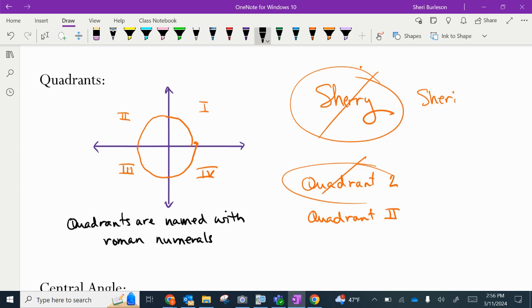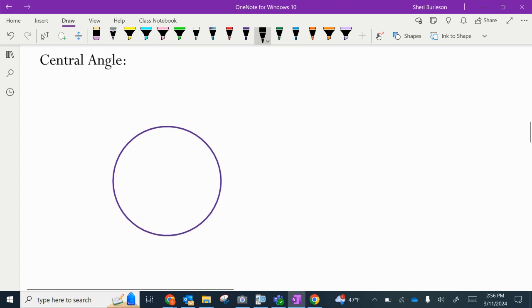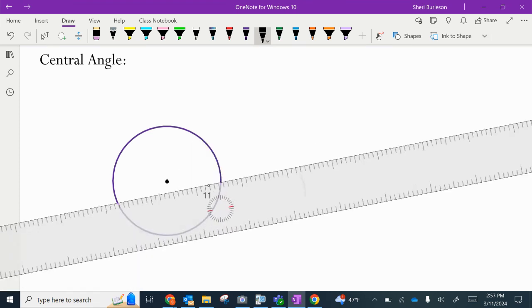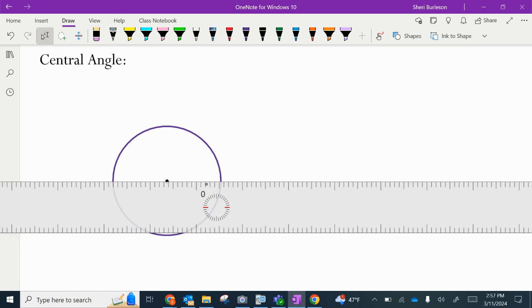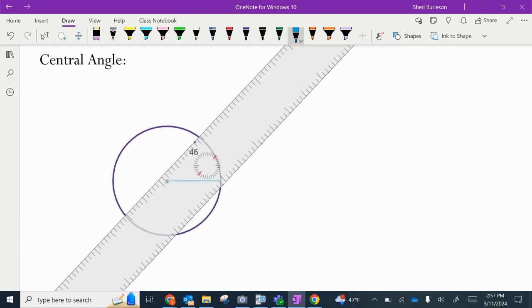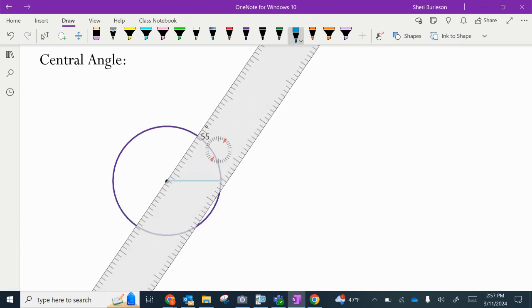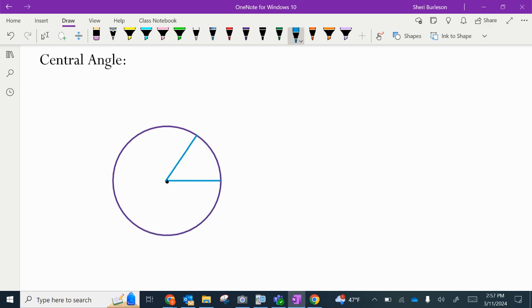Do you have a question? Okay. All right. So a central angle. I got a circle here. Is that about the center of that circle? Okay. So a central angle is going to be an angle with its vertex at the center.